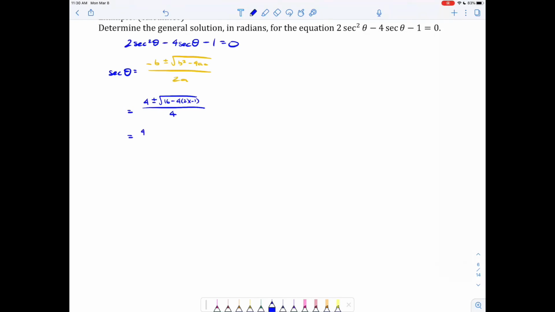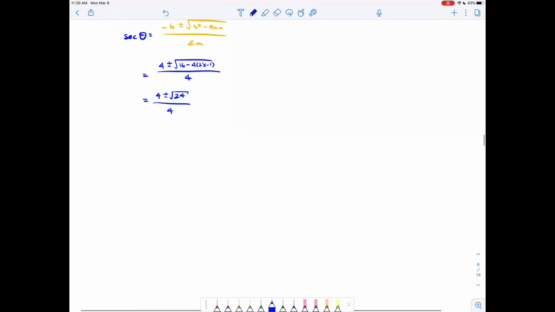So 4 plus or minus the square root of 24 over 4. We can simplify the radical if we want, but we don't have to. I would just, at this point, say secant of theta is 4 plus root 24 over 4, or secant of theta is 4 minus root 24 over 4, and get values for each of those.